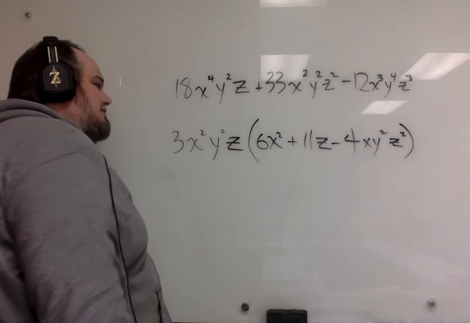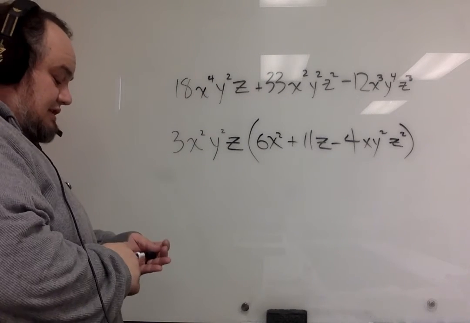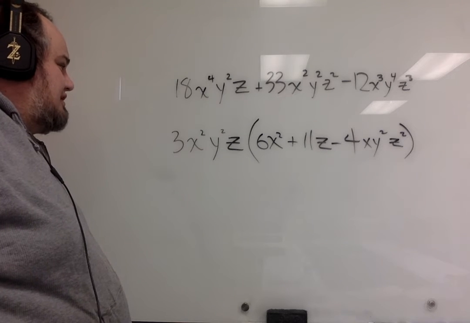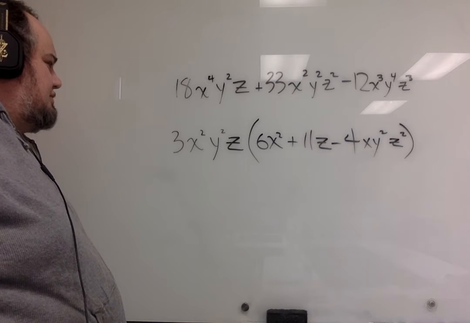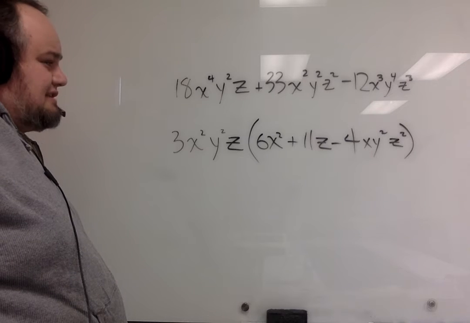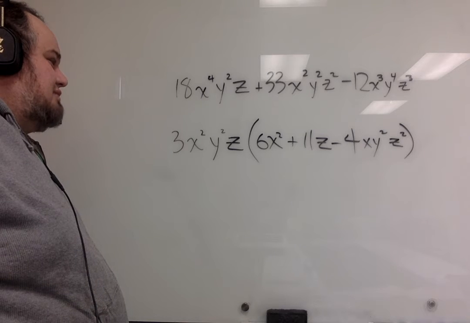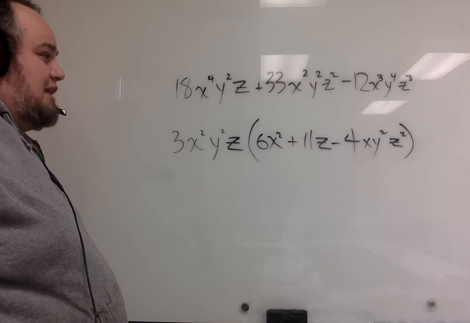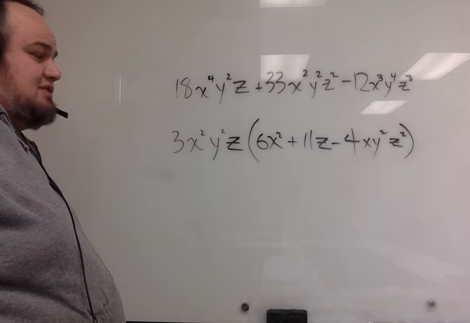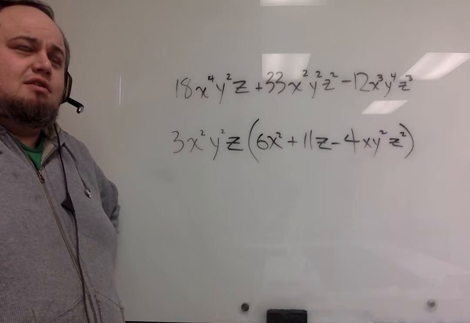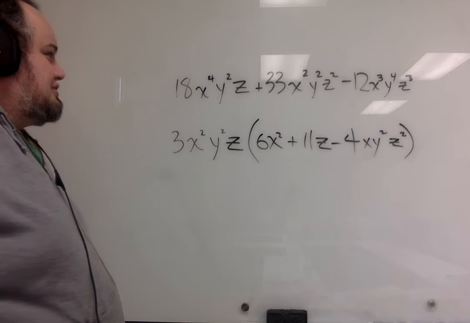So now we have this factored. We factored out our common monomial factor. So we're left with 3x squared y squared z times the polynomial 6x squared plus 11z minus 4xy squared z squared. So you can see the process itself is pretty straightforward.